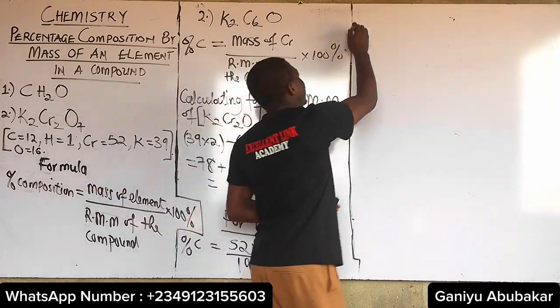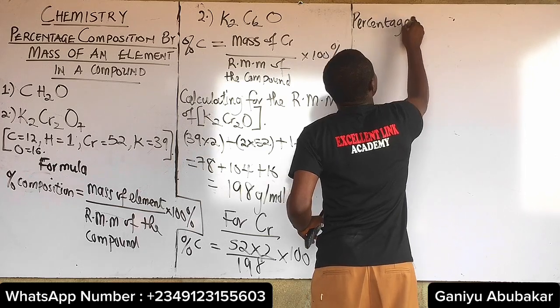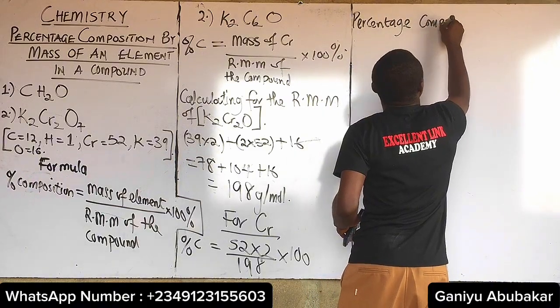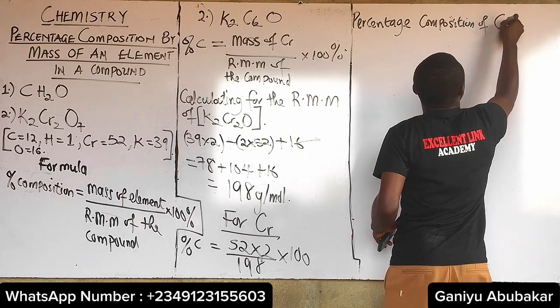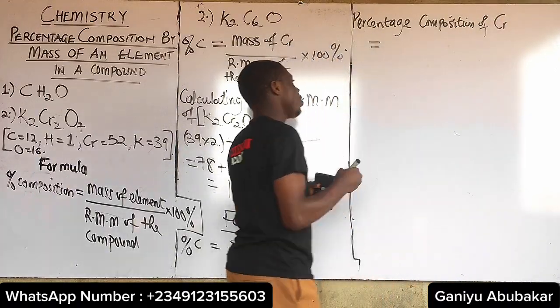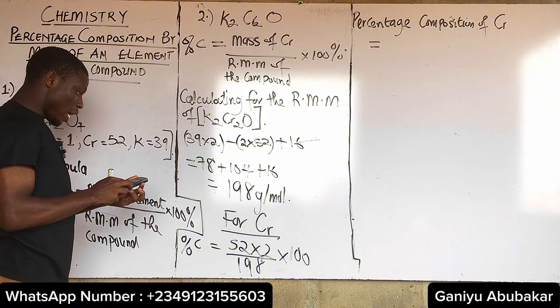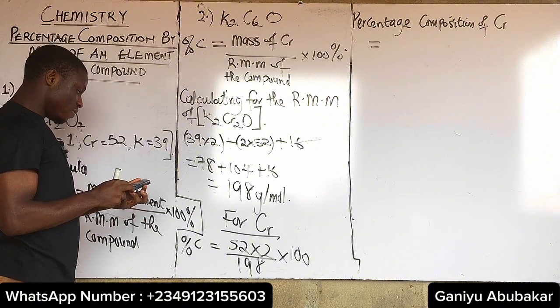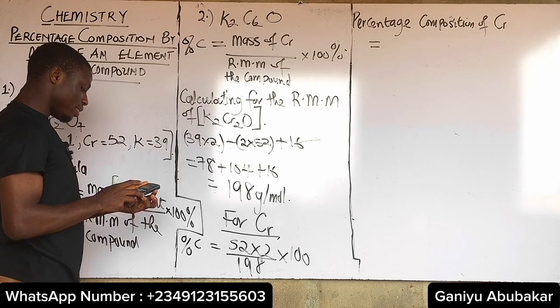So the percentage composition of chromium is equal to 52 times 2 divided by 198, times 100%.